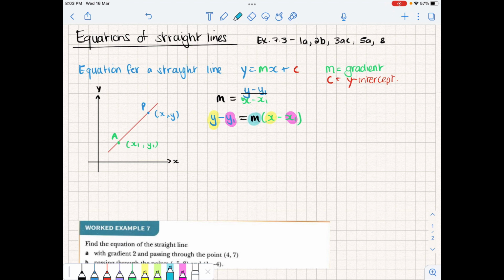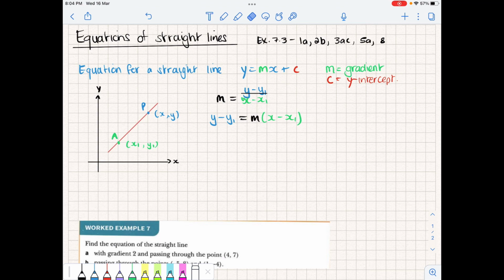So either we will be given the gradient or we'll be given a way to calculate the gradient. So if we have a gradient and a fixed point, we can put it straight into this equation and we can calculate its equation.